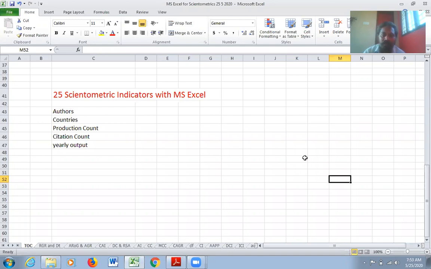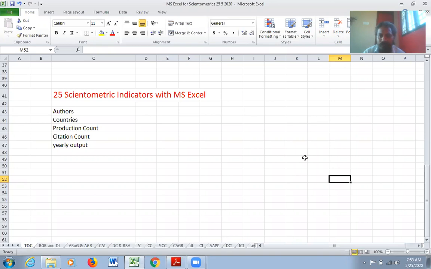Here, what I have been trying to do is that I have taken some very popular, mostly used scientific indicators, which I found in various journal articles and theses.